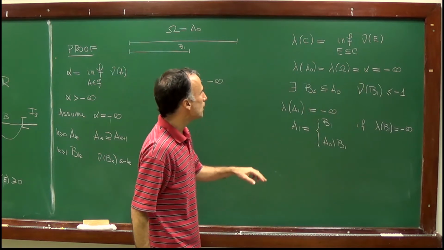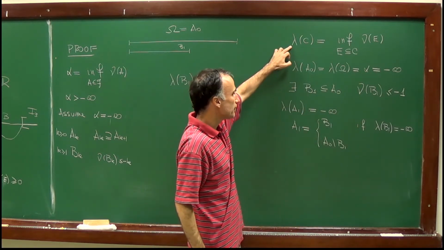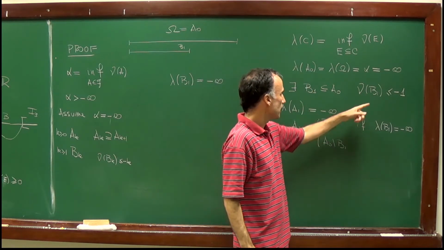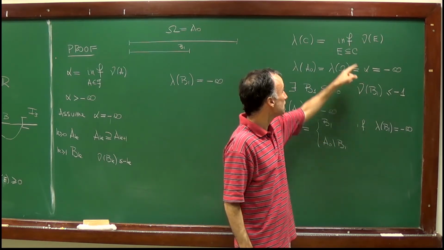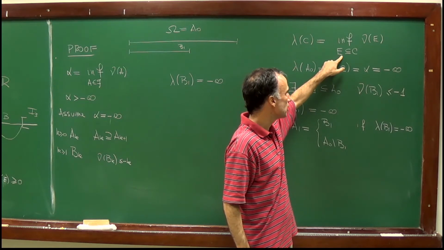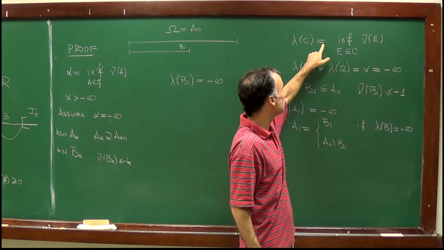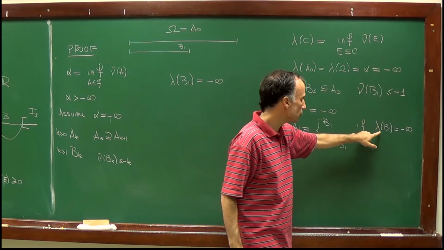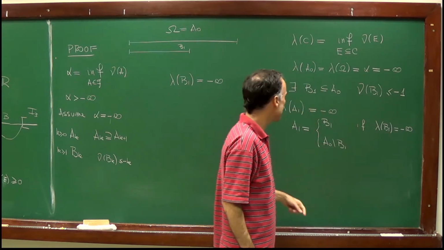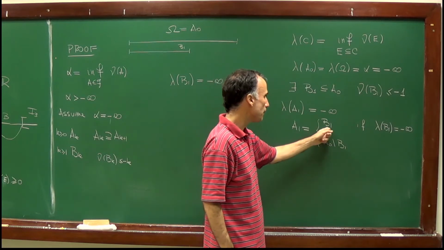So I defined this at B1, I looked at the infimum of all subsets of B1, and I check if this infimum is equal to minus infinity or not. If it's equal to minus infinity, then I define A1 as B1.